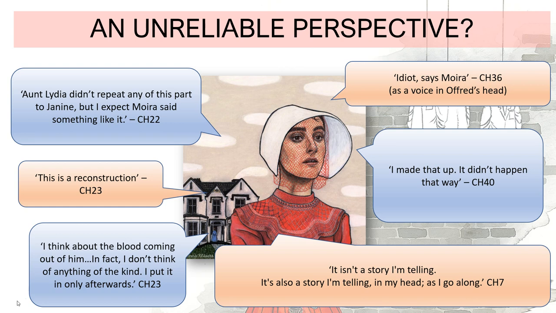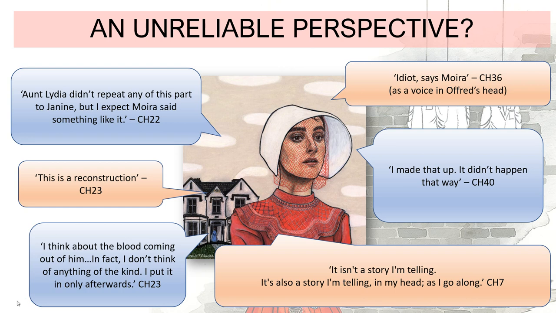There are sections in Offred's narrative where she recounts second-hand stories, like the story of Moira's escape, which is told through Janine and Aunt Lydia. Well, we're right to ask, how could she possibly know? And she admits in the quote there that it's actually a fabrication or part of her imagination.